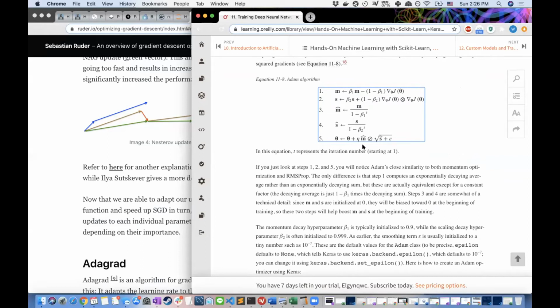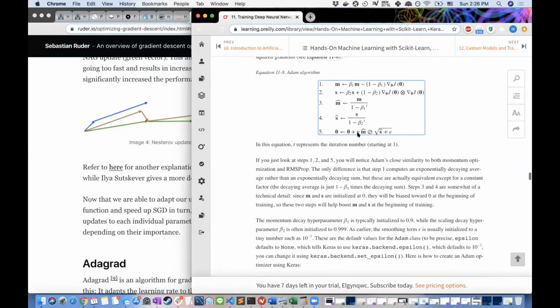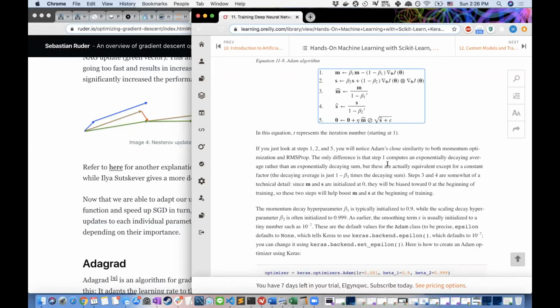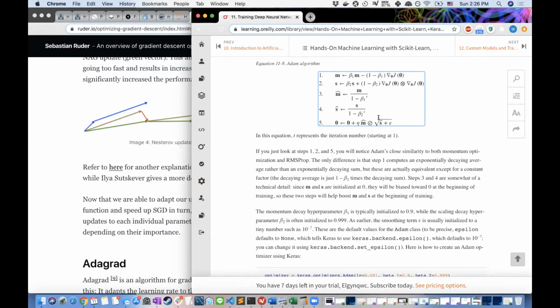It's just using beta 2, and then you use theta plus eta times your m hats, element-wise division by the square root of s hat plus epsilon. So even though it looks a little complex, it's just a combination of momentum plus RMS Prop.